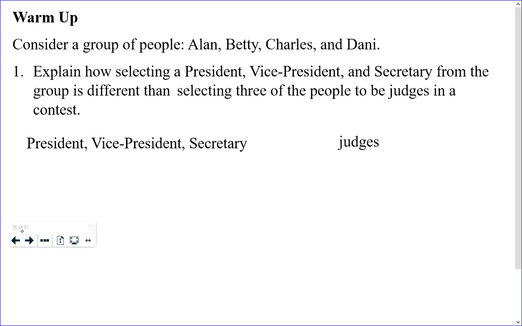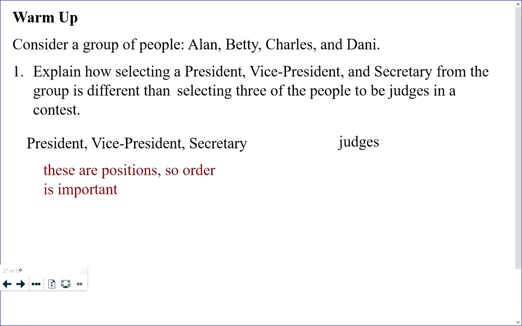Nobody is more important of a judge than anybody else, which means if I have 3 judge seats at this contest and they decide to change seats, it's still the same set of judges. But if I around the table have a chair, and in front of the chair on the table is a nameplate that says president, then the president has to sit there. It's important. So basically, these are positions, so order is important. That's what this boils down to.